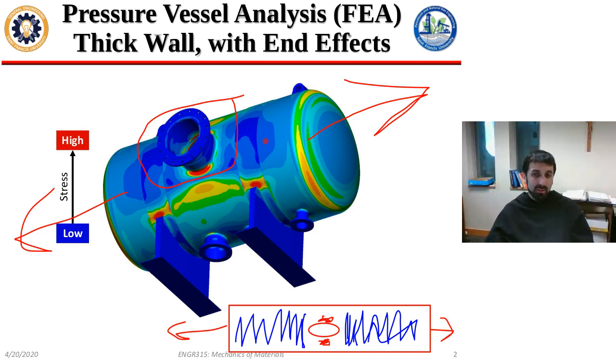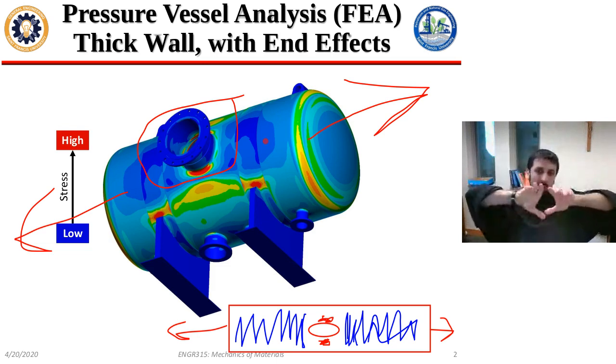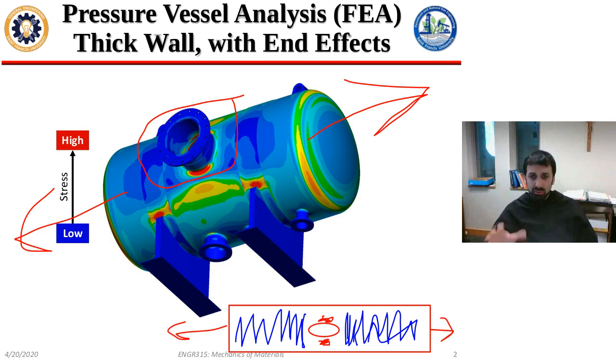We might also think that it should be stretched the other way, but because the effect is the same the whole way around, the pressure is just pushing straight out on all sides, we don't see that kind of lateral stretching. We only see the longitudinal stretching. So as we go into our analysis, we're going to have to think from that point of view. Make sense? Any questions on that?